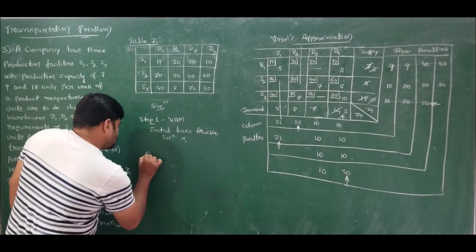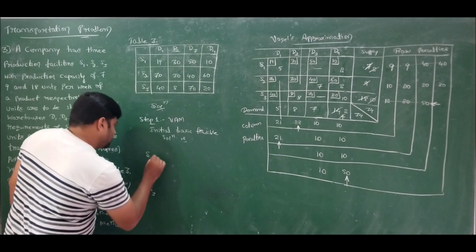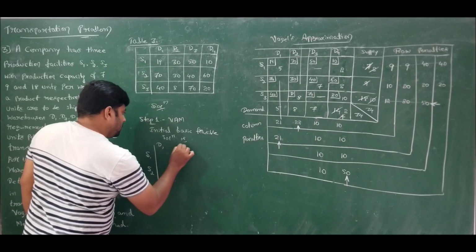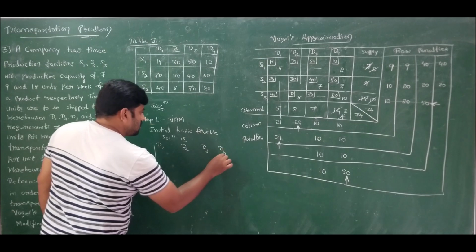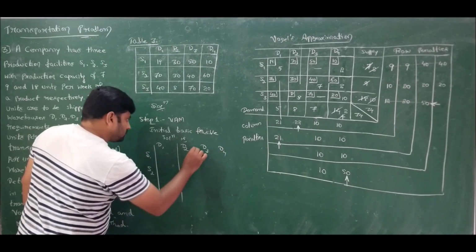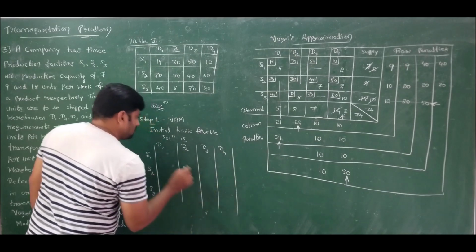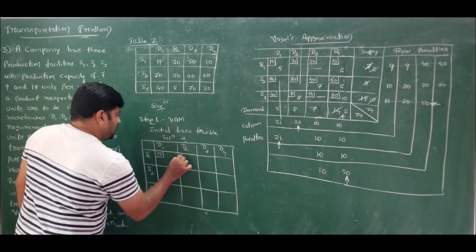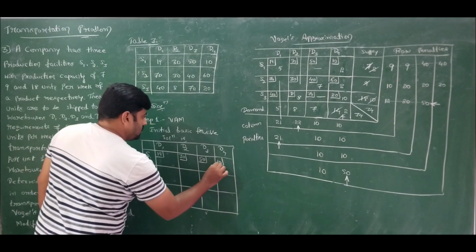so we have supplies as S1, S2, S3 and we have the demands as D1, D2, D3 and D4. $19, $30, $50 and 10.